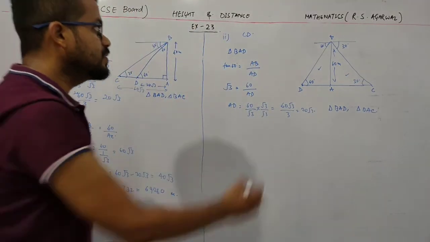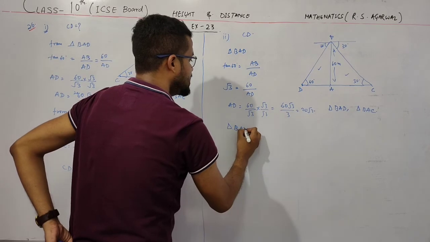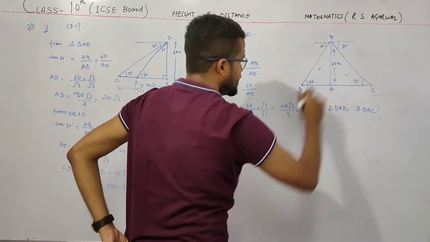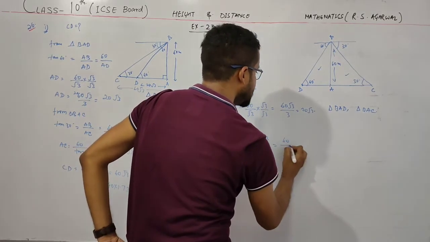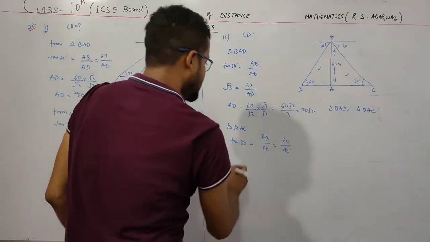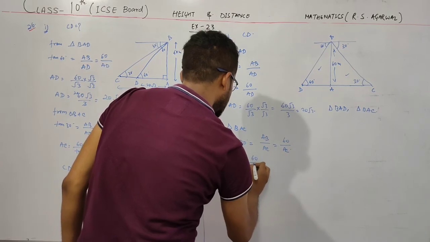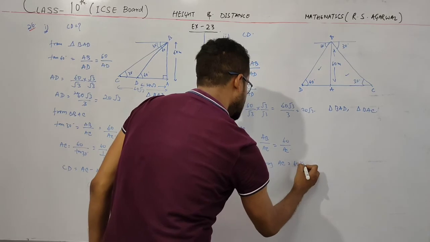Okay, now from triangle BAC, tan 30 degree is equal to, again this is AB and this is AC. AB is 60 and the value of AC is not given. So tan 30 degree is 1 by root 3. By solving this, AC is equal to 60 root 3.